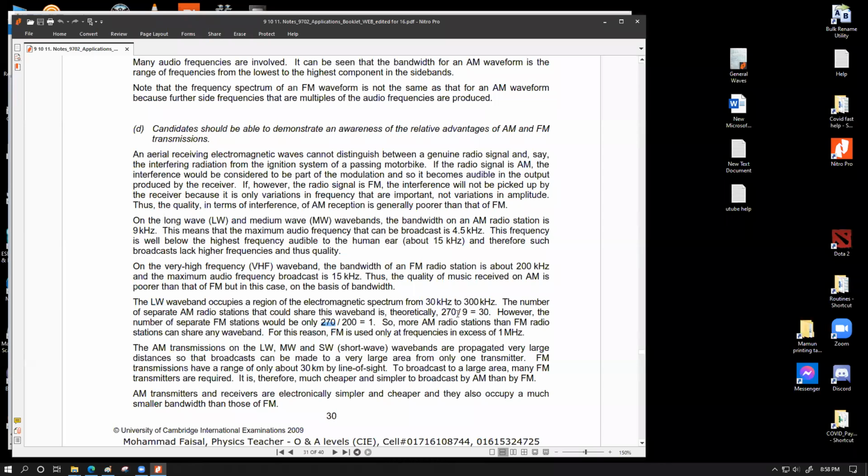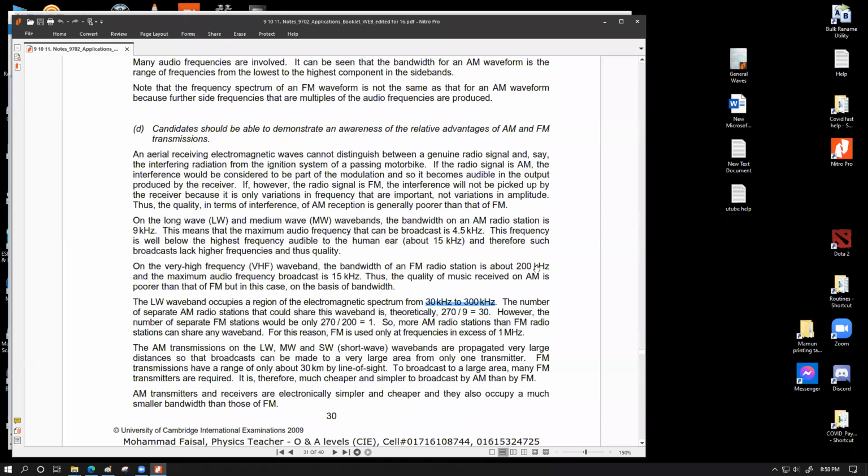If you want to operate an FM station within the same 30 kilohertz to 300 kilohertz range, you have an available radio bandwidth of 270 kilohertz. One FM station on the very high frequency waveband uses a bandwidth of about 200 kilohertz.